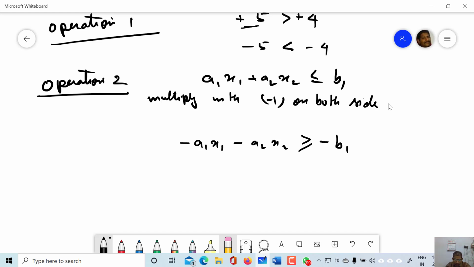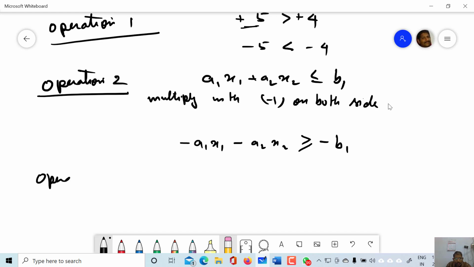So in this way the inequality is converted. And the opposite also holds good. That means if it was greater than, then after negating it will be less than. So that was operation 2.